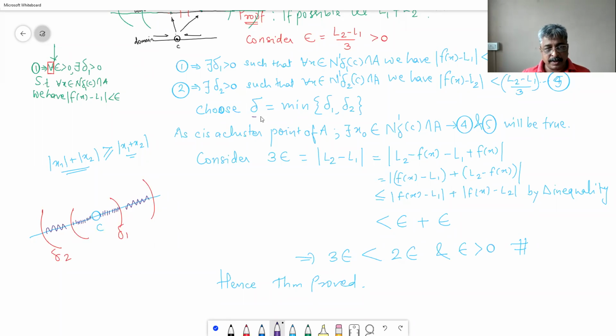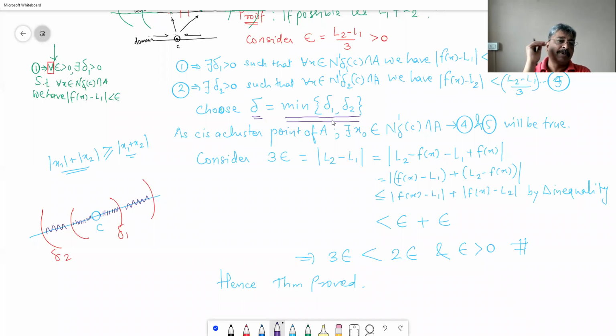That is why this step will appear many times in different proofs. You have delta 1, delta 2, delta 3, delta 4, delta 5. And if you choose the minimum of them, then all those 5 statements are going to be true, or all the x between the delta neighborhood of C will be following all the 5 requirements that you have given.